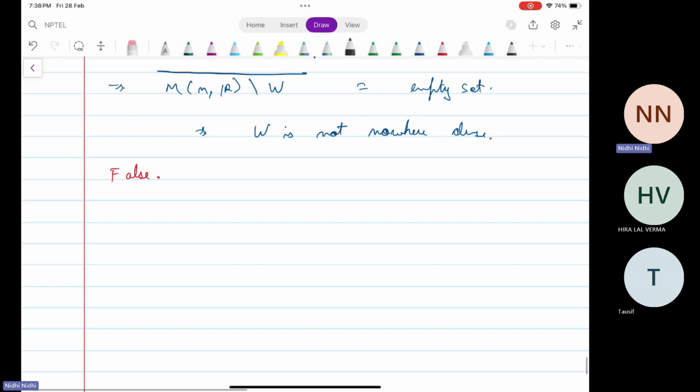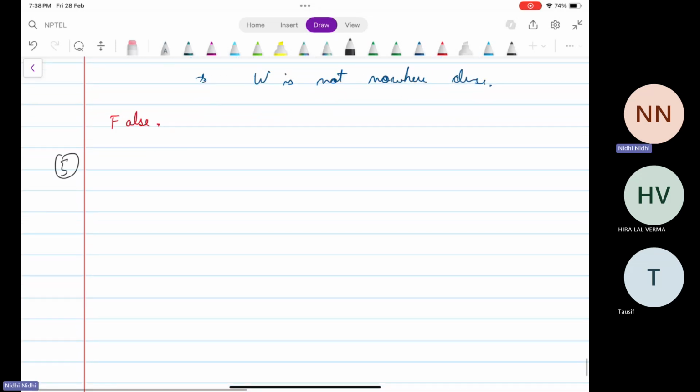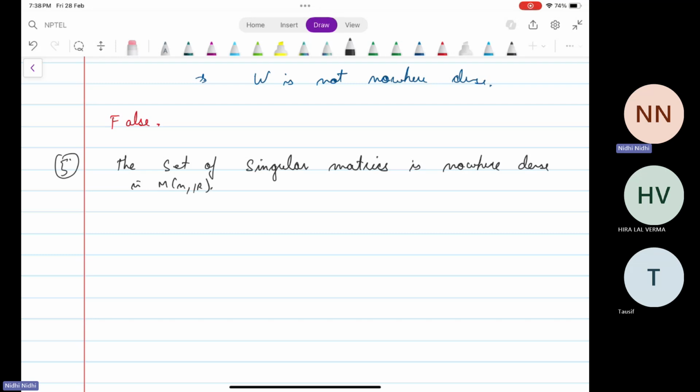The last: the set of singular matrices is nowhere dense in MnR. Clearly, since its complement is dense, it is nowhere dense.